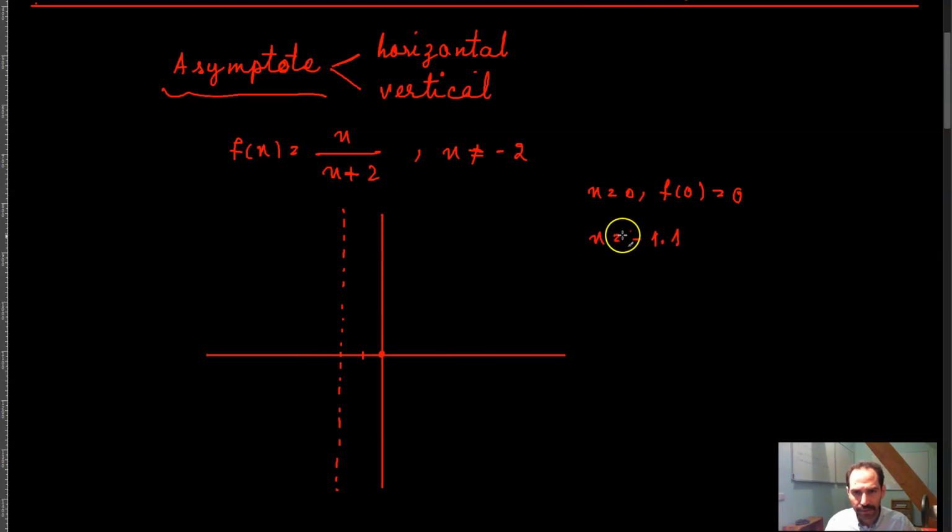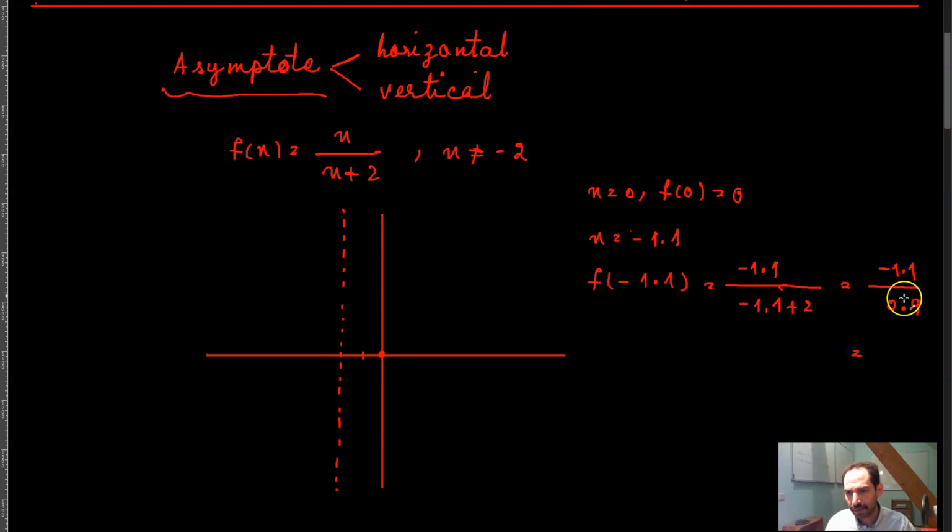That gives me f of negative 1.1 is equal to negative 1.1 over negative 1.1 plus 2, which is negative 1.1 over 0.9.